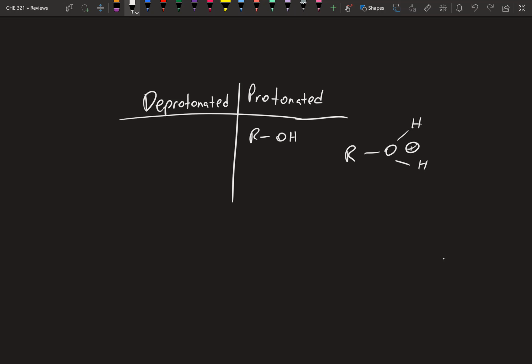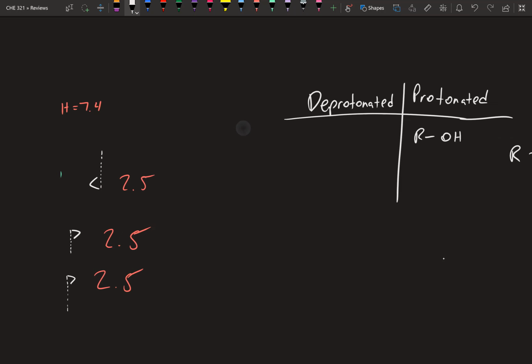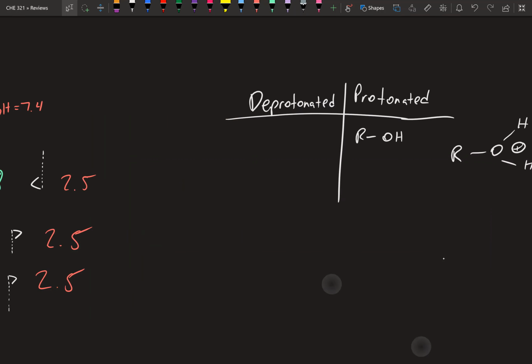Now remember, protonated doesn't always have to mean it has a positive charge. Okay? Keep that concept in mind. Protonated does not always mean positively charged. So the protonated form of that OH is actually neutral. Okay? And so if we had a carboxylic acid, and they asked us for the protonated state, we are already in the protonated state.